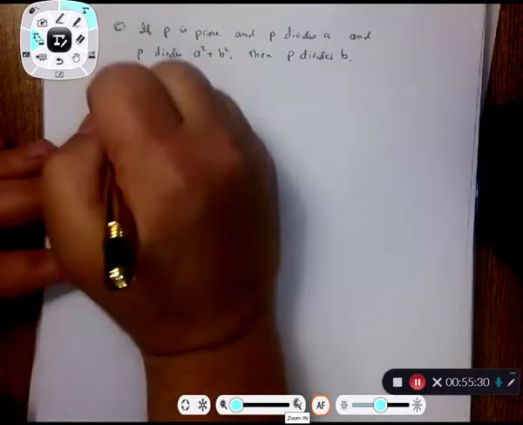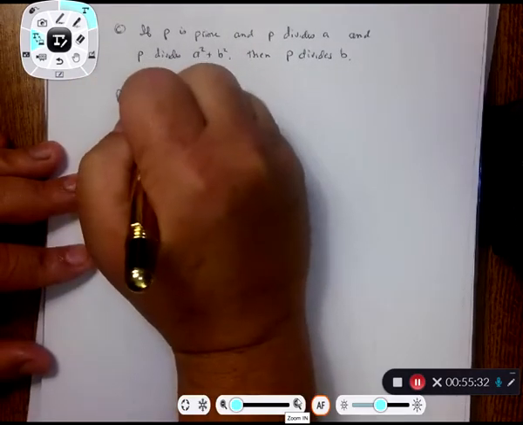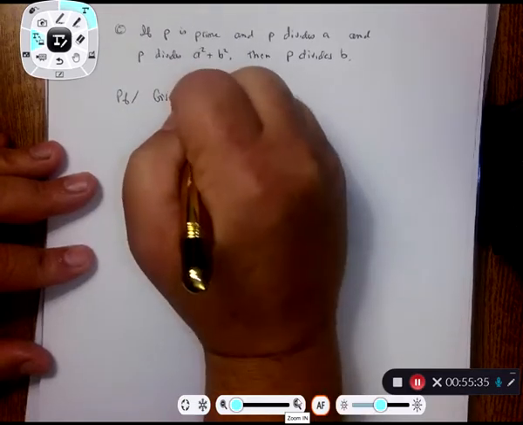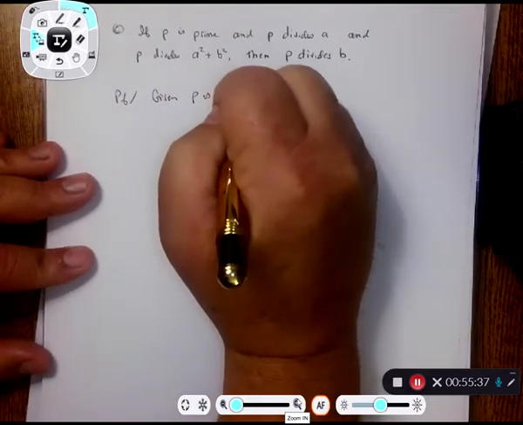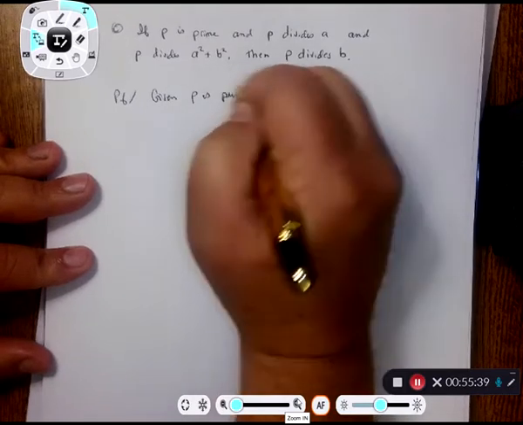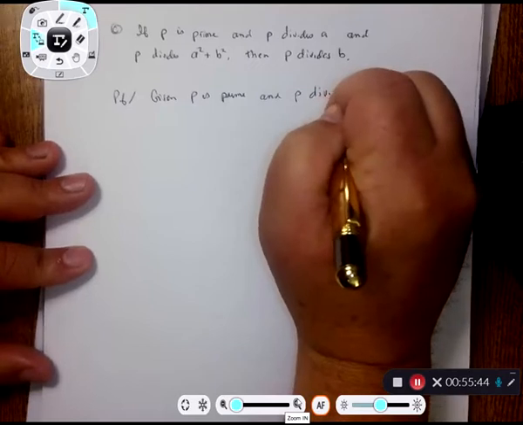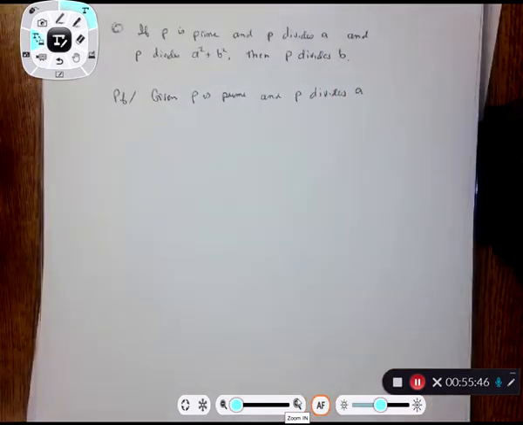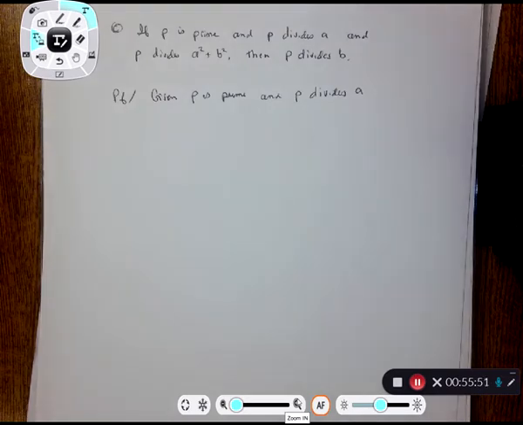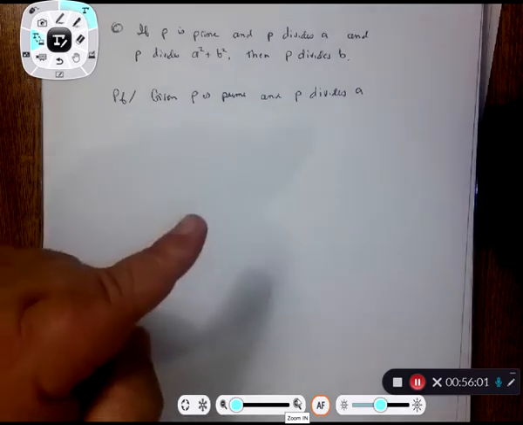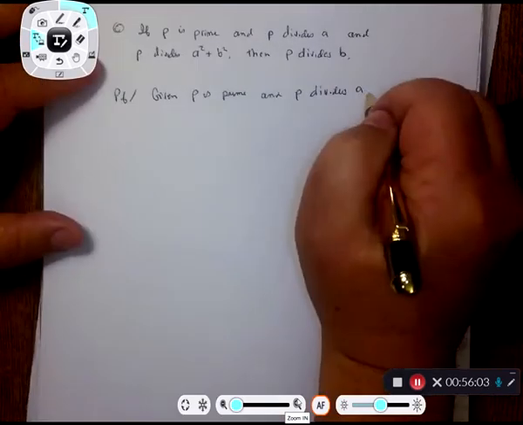So here comes the form of the proof. We are given that P is prime and P divides A. In this world, you don't have to state that everybody's an integer. A, B, C, D, E, F, and G are all integers. It's implied in the chapter, so you don't have to go out of your way to do that. Given that P is prime and P divides A, then write it up.